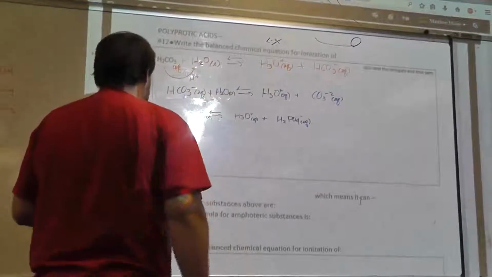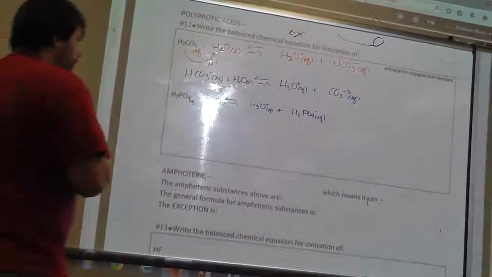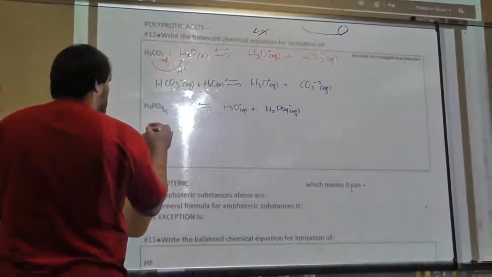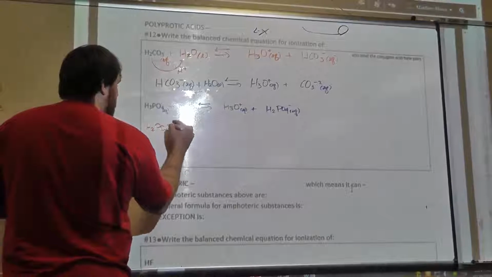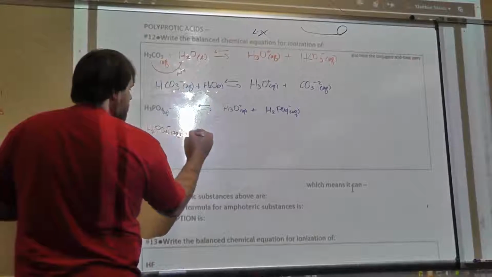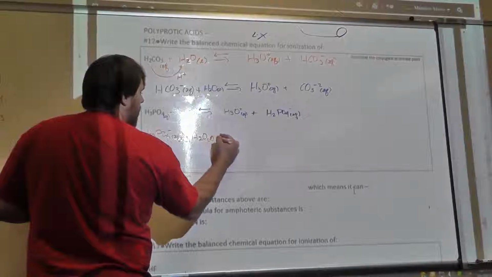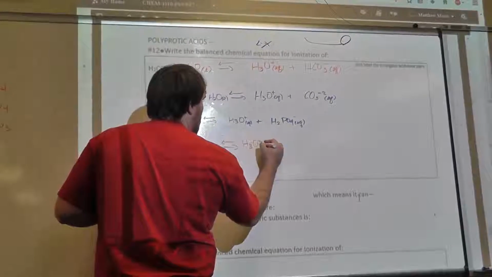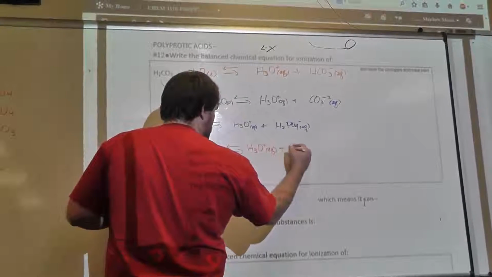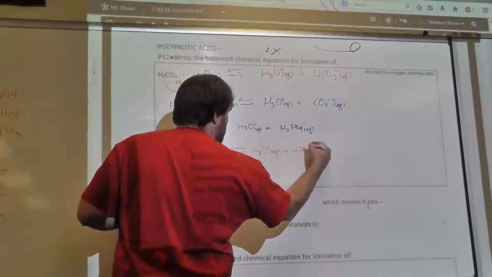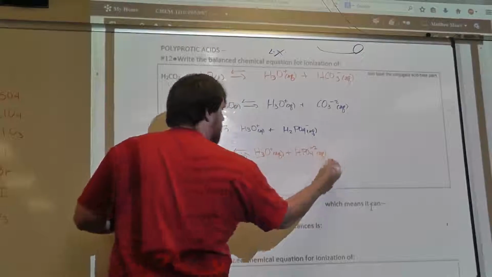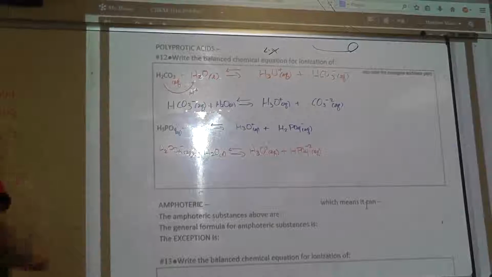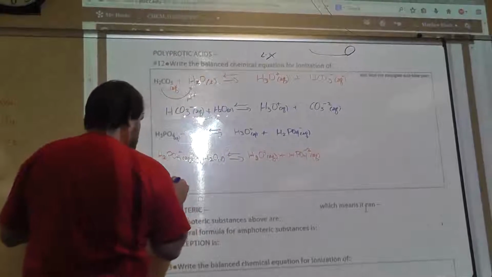Everything else it's producing is aqueous. Then your second level is going to be starting off with this piece and removing another hydrogen. We're still not done yet. Still have one more hydrogen we can take off.